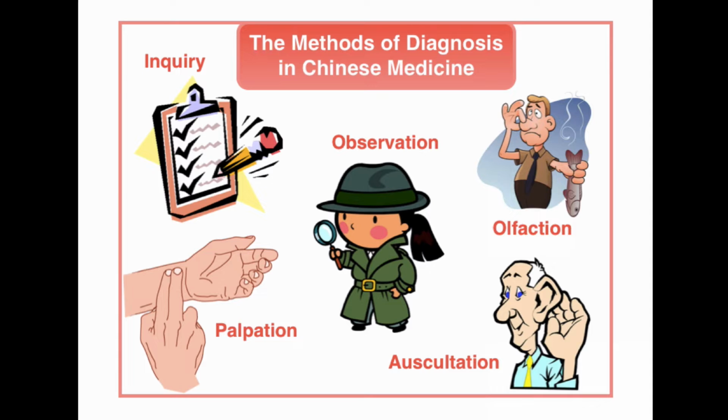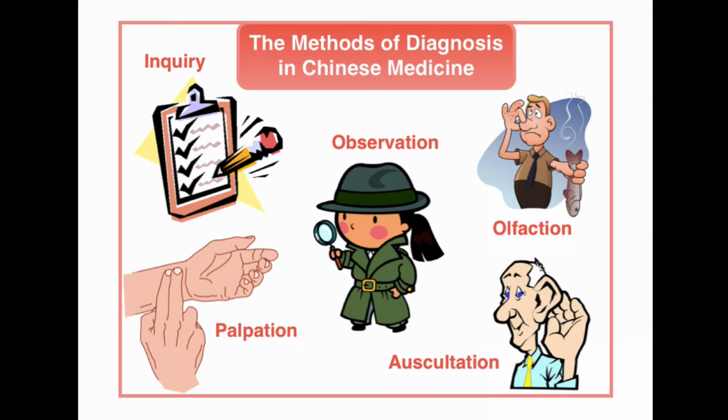Then we ask detailed questions on all the other systems, including digestive system, reproductive, musculoskeletal, and much, much more. So this is a really big part of the TCM diagnosis, putting the clues together and specifically asking questions. So the inquiry is a big one.